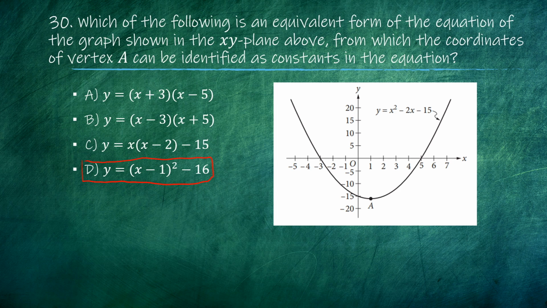Before we start, let's review our basic quadratic equation. In our quadratic equation, we have y is equal to a times x minus h squared plus k, where a is just a constant, and the coordinates h and k are the coordinates of the vertex.